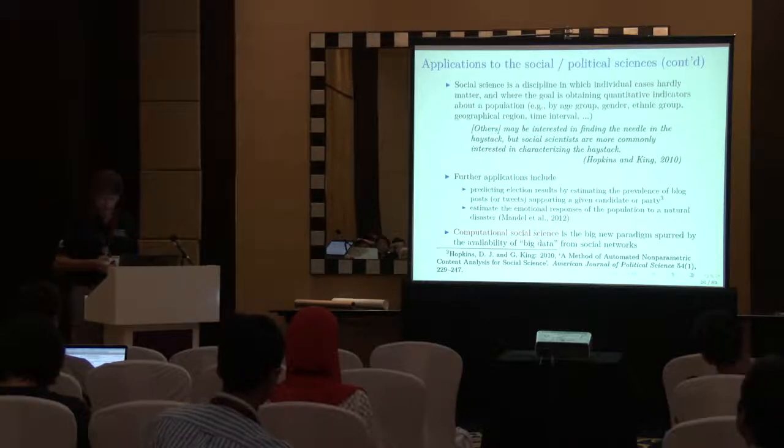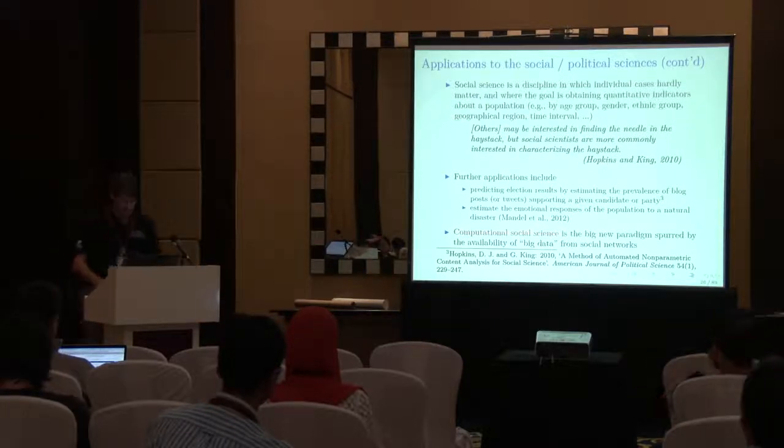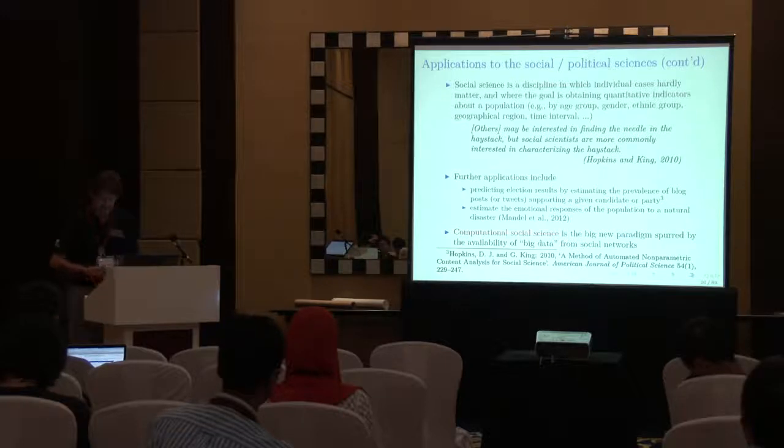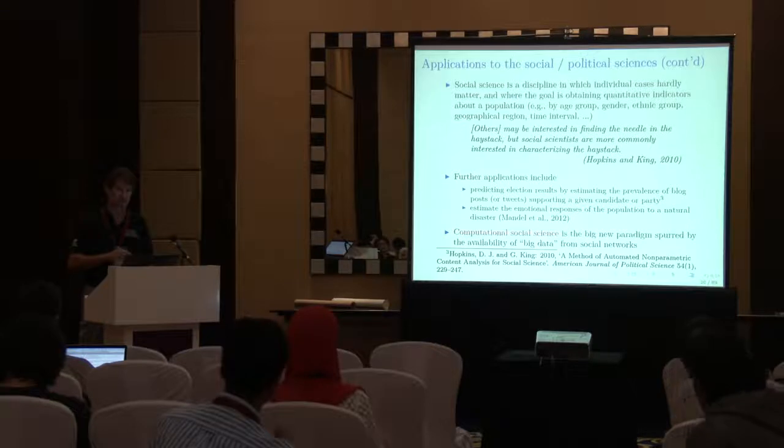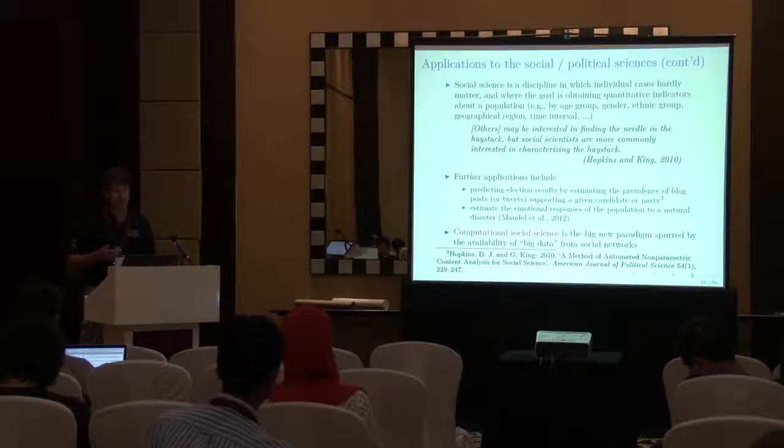And there are scores of other applications, ranging from predicting election results to emotional responses of the population, etc. This very idea of using social data, data originated within social networks, for doing social science studies has sparked an entirely new field, which is called computational social science.